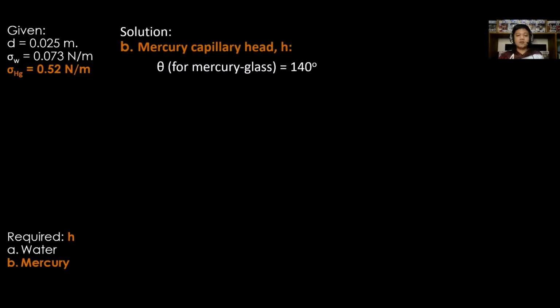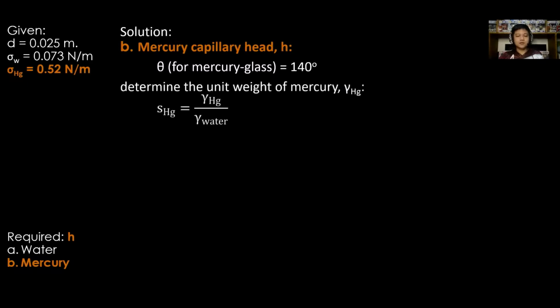So the theta for mercury to glass tube is equal to 140 degrees. So determine first the unit weight of mercury. So gamma mercury, using now the specific gravity of mercury equal to gamma of mercury over gamma of water. Cross multiply or rearrange, we have now the gamma of mercury equal to the specific gravity of mercury multiplied to the unit weight of the reference fluid, that is water.